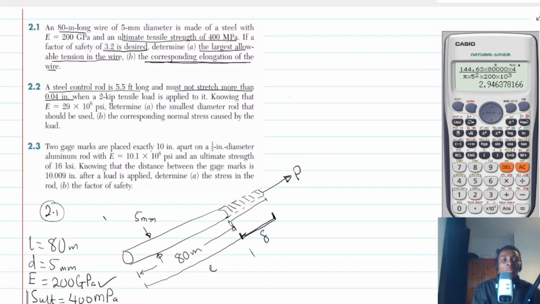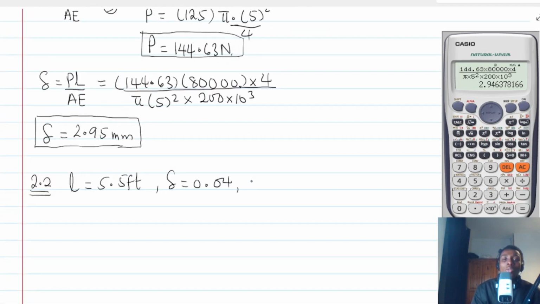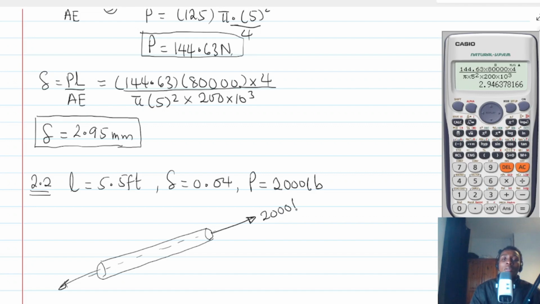And then the load is 2 kip tensile load. So the tensile load P is 2 kip, which is the same as 2000 pound force. So we are thinking about, let's say, a rod, and there is this tensile load applied, 2000 pound.